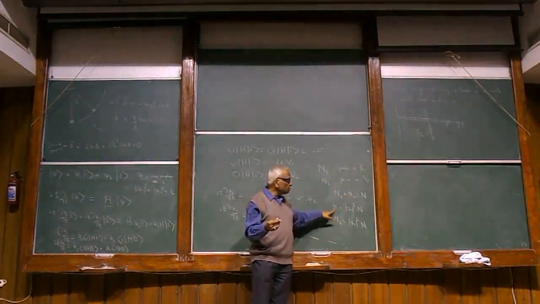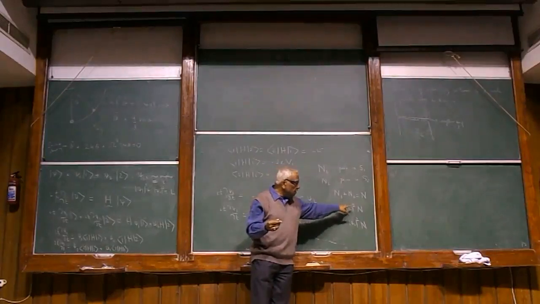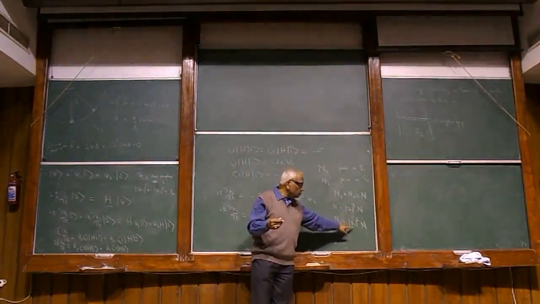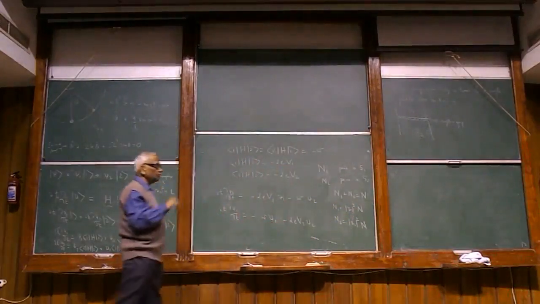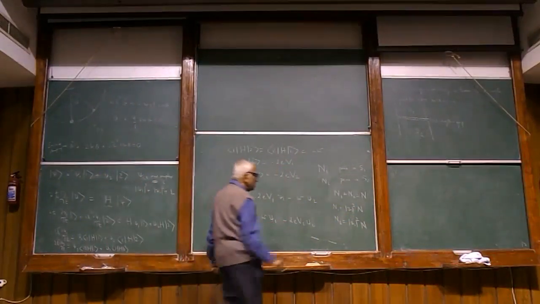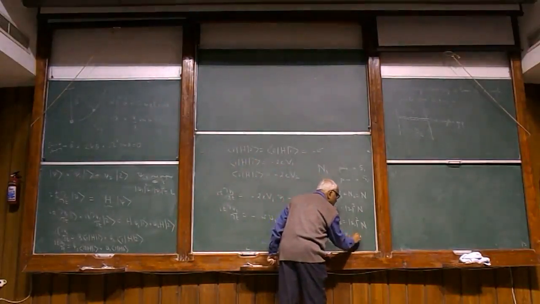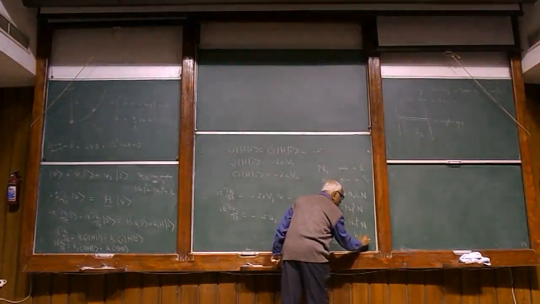So number of particles on side 1 and side 2 are related to n by the probability factors psi 1 mod square and psi 2 mod square, which we will call psi 1 mod square equal to some small n1 and psi 2 mod square equal to some small n2.